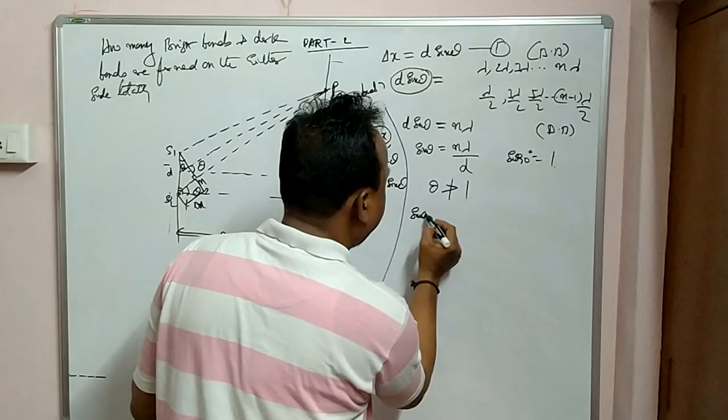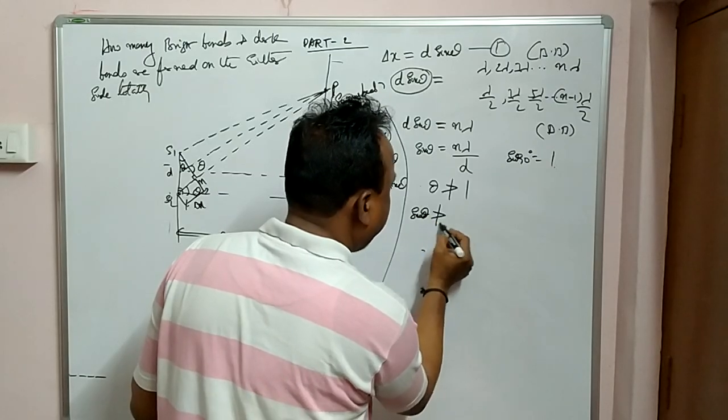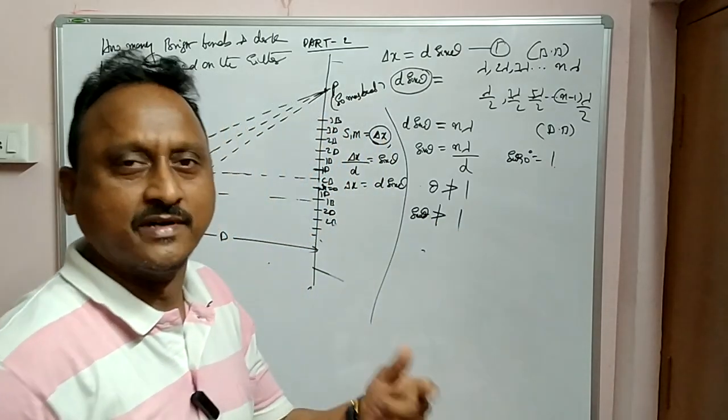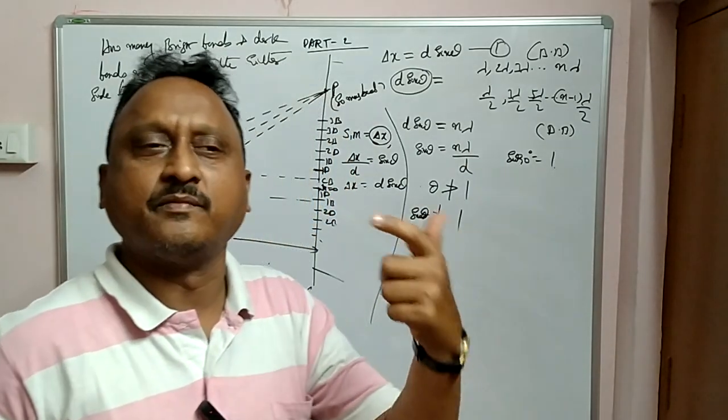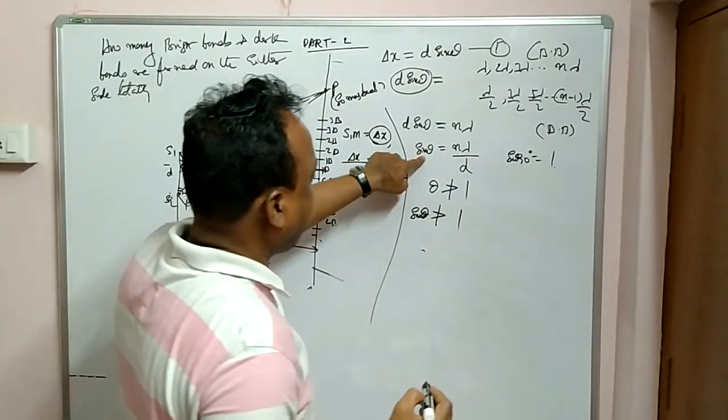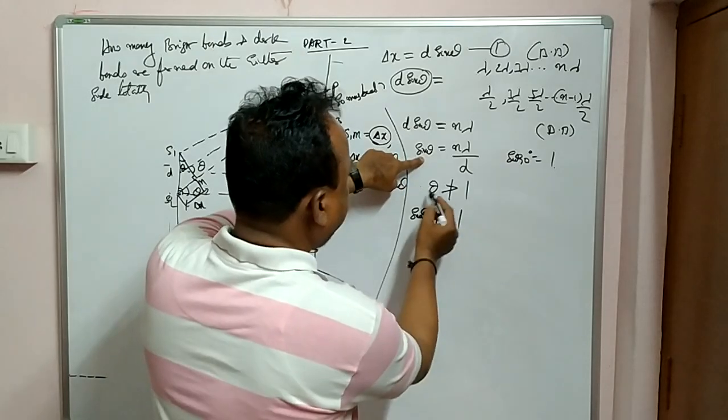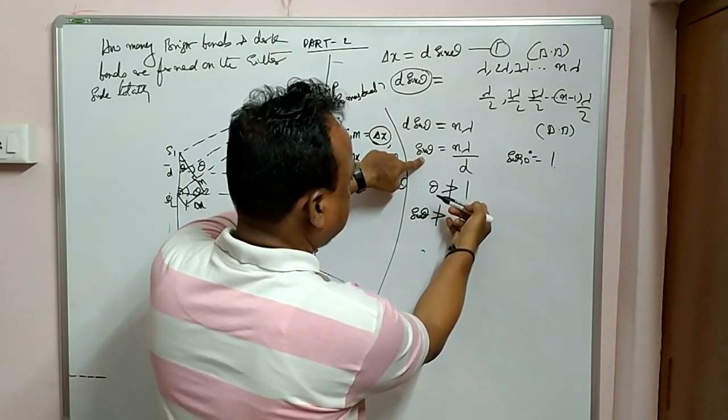Sin theta cannot be greater than 1, because the maximum value is 1 and the minimum is 0. In trigonometry, sin has minimum value 0 and maximum at 90. So whatever the value of sin theta is here, it cannot be greater than 1.